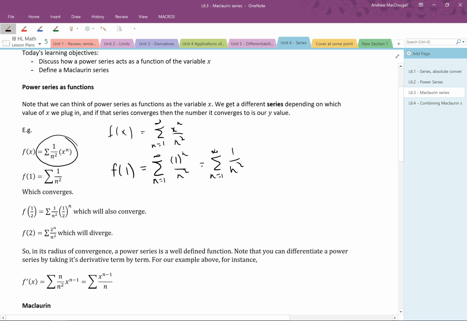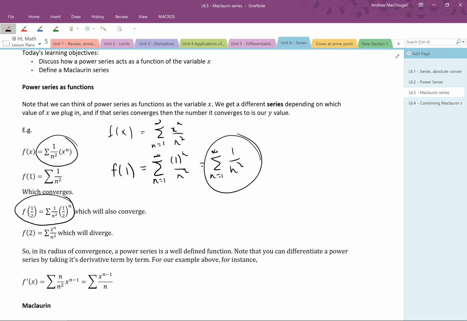So I can plug in 1, and I get a y value. I get whatever this actually converges to. I don't know what it converges to, but I do know it converges. So when I plug in 1 for x, I get a y value out of it. This is a function. I get one y value. But I can plug in a half, and I'll get this series, and that converges as well.